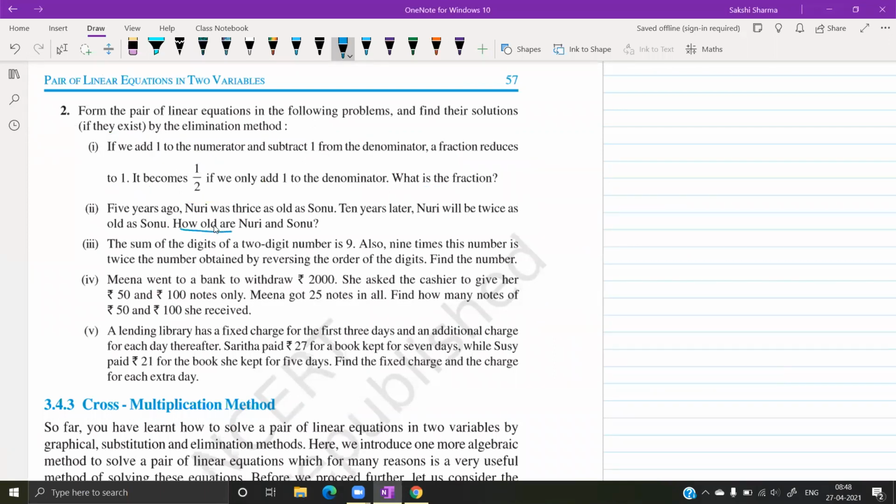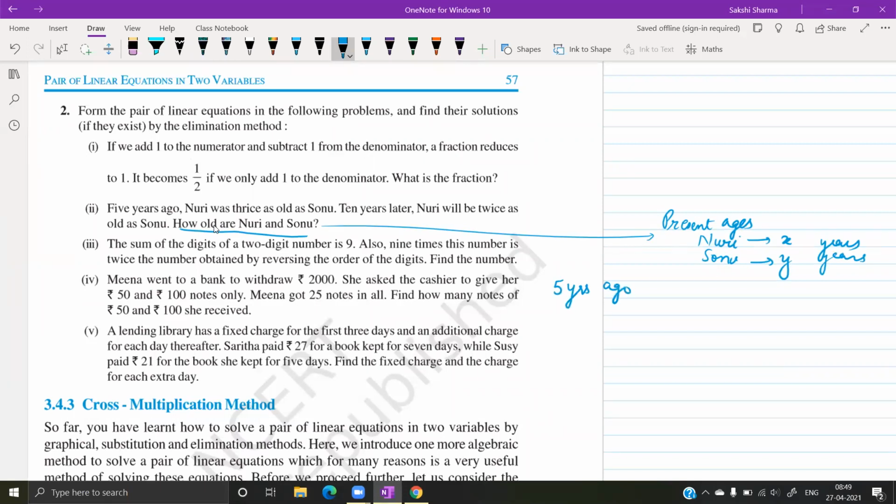How old are Noori and Sonu? We want to find out their present ages. So you can assume their present ages as x and y respectively.